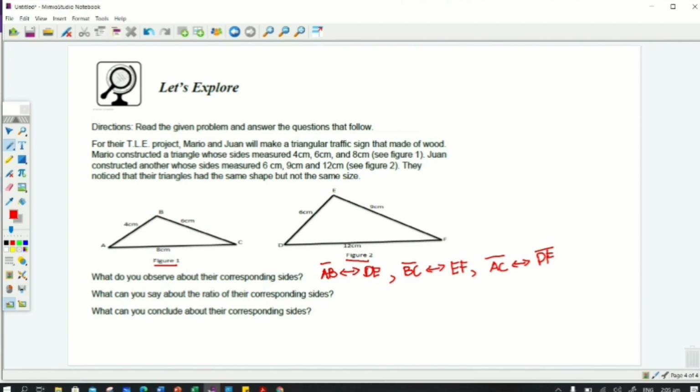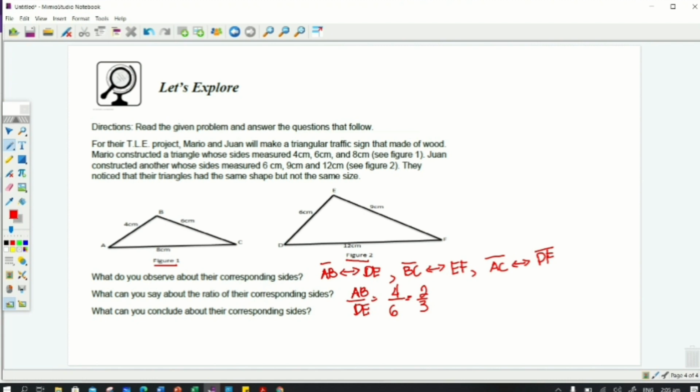Now, let's move on with question number 2. What can you say about the ratio of their corresponding sides? We're going to get the ratio. We have segment AB over segment DE. The measure of segment AB is 4 cm over DE, which is 6 cm. The ratio of AB over DE is 2/3.